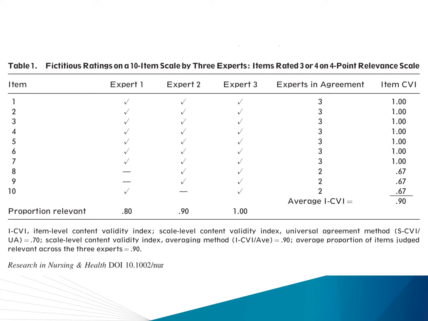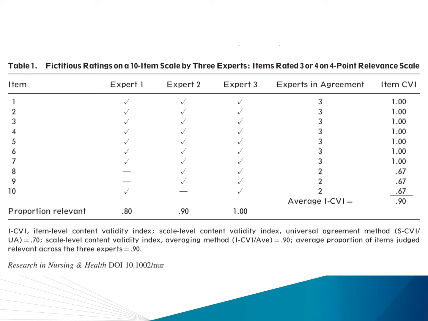Before we move on, I just wanted to say that numbers generated in this way are useful adjuncts to making decisions about items, but you do want to be careful about removing items too readily, as it may lead to what we call construct underrepresentation.